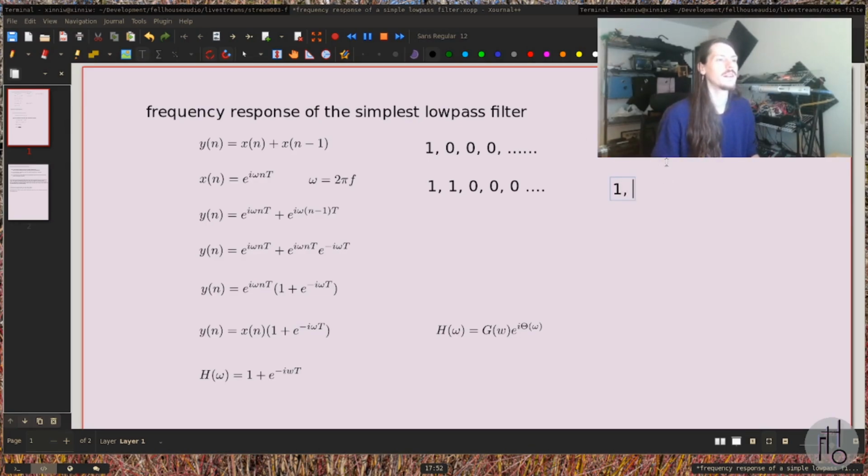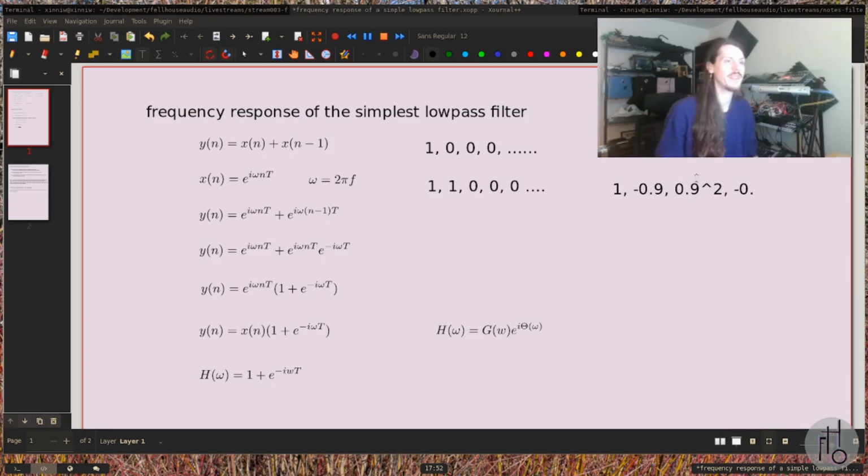Okay. 0 minus 0.9 times 1 is equal to negative 0.9. 0 minus negative 0.9 times negative 0.9 is negative 0.9 squared. And then we get negative 0.9 cubed. You get the idea. We keep going and going and going. We never reach 0. It's asymptotic.